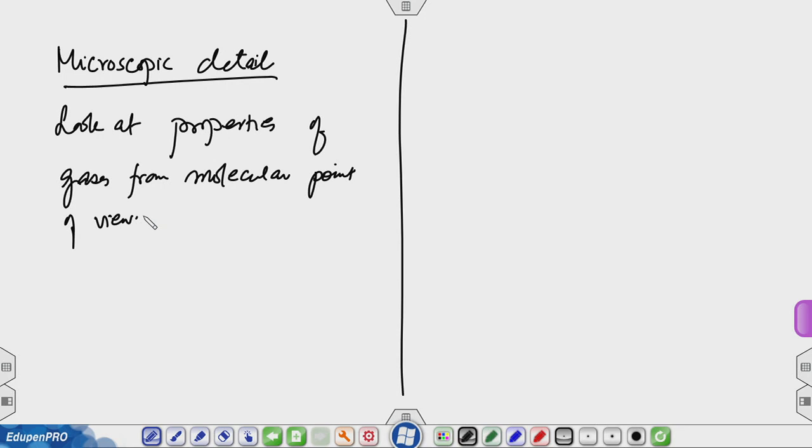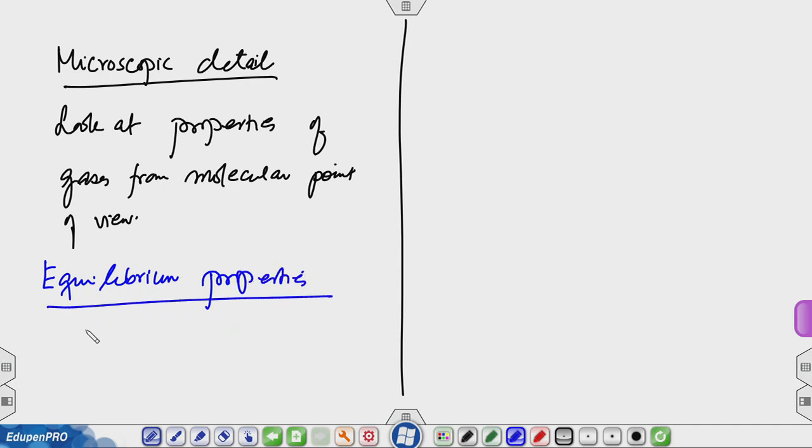In this case, what we'll do is see how molecules actually give rise to pressure, equation of state, and other properties. Today the focus is going to be on equilibrium properties.